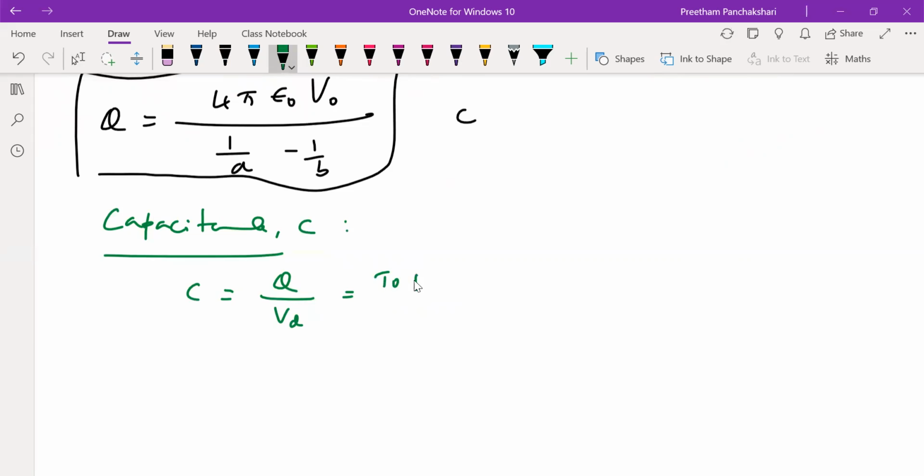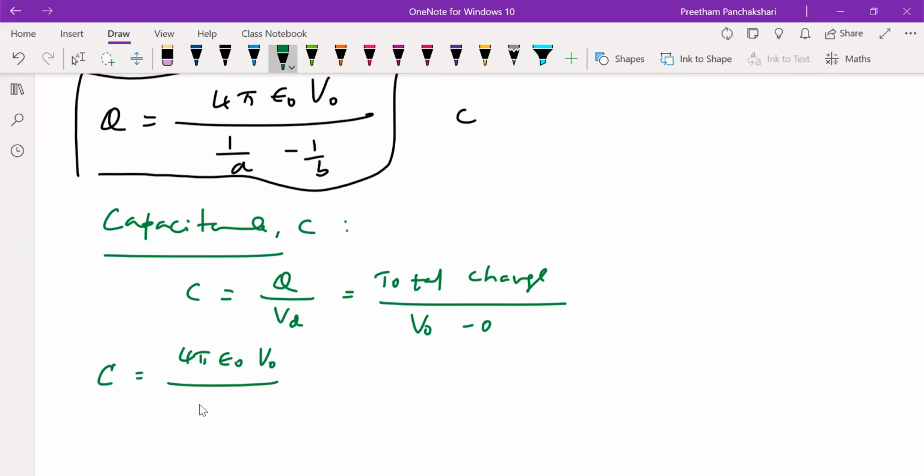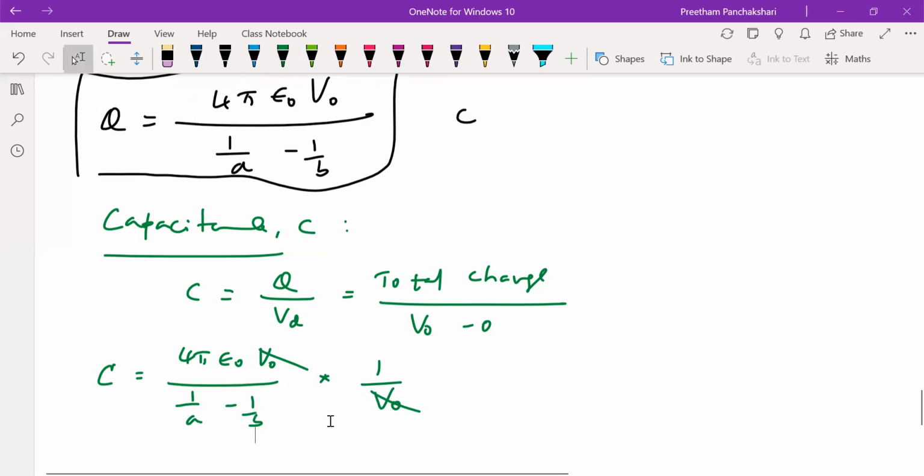This is the total charge, which is calculated in the previous step. Potential difference between the two spheres is V naught minus 0. Therefore, C is equal to total charge is 4 pi epsilon naught V naught divided by 1 by A minus 1 by B into the potential difference is V naught. So V naught cancelled.